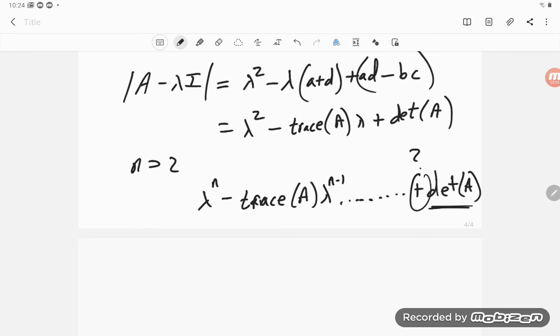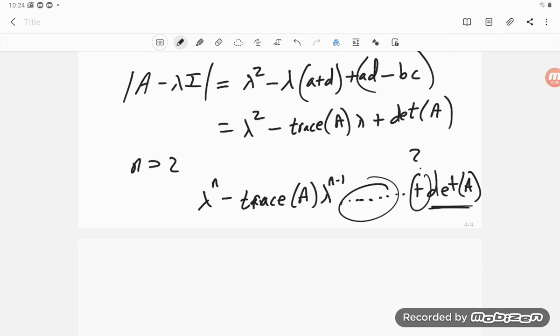The point is that we will get a particular pattern when we go up in n. This stuff, not so sure what that is, right? But that first term of lambda to the n minus 1 will be the minus the trace, and then we'll get the determinant as part of the last term. So kind of nifty that way.